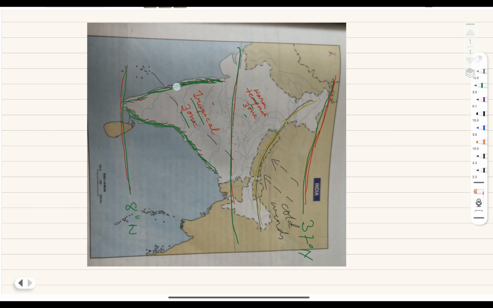But as we go away from the sea, that is in the interior region, they have extreme type of climate, that is very hot in summer and very cold in winter.